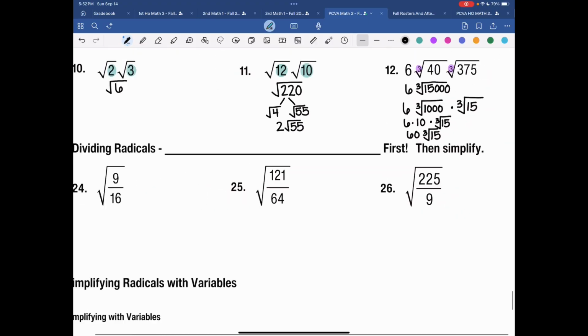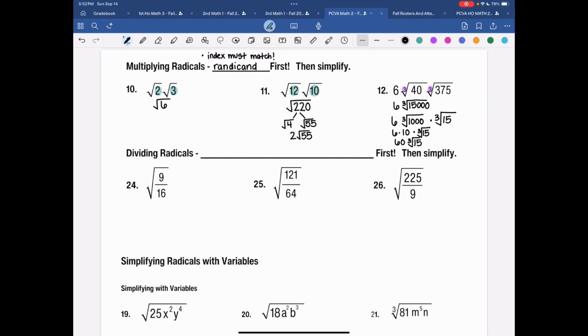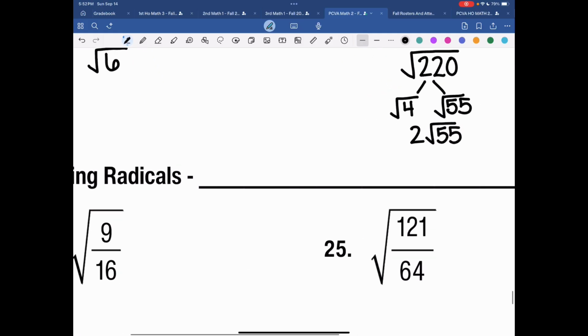All right, so to divide a radical, the first thing you're going to do is separate the numerator and the denominator.